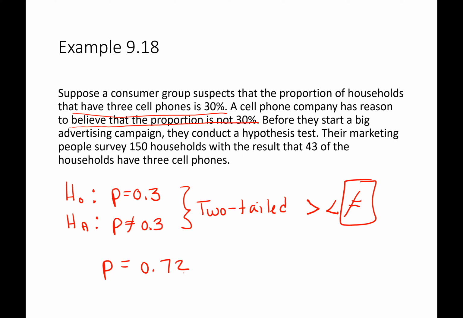What's the alpha? And if they don't tell me what alpha is, I assume it's 0.05. If alpha is not given, make an assumption it's 0.05. So I don't care what alpha is. What's that 0.72 tell you?